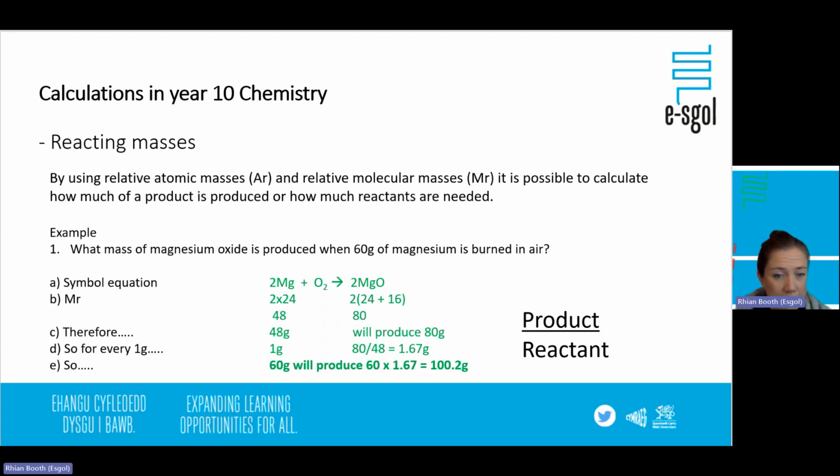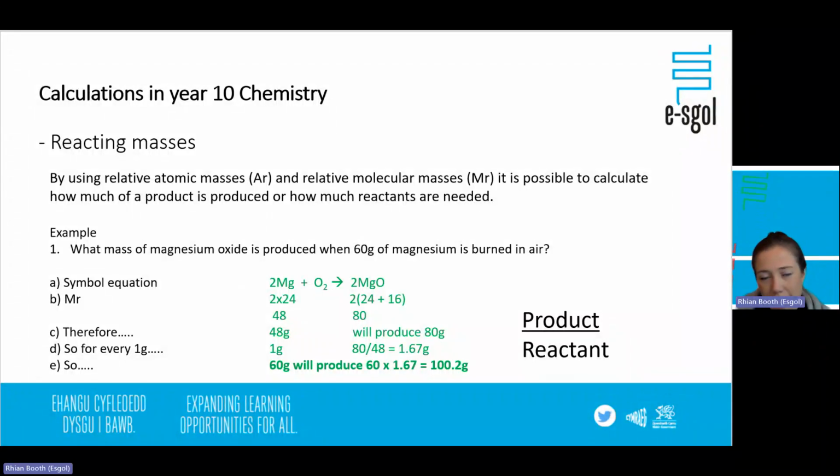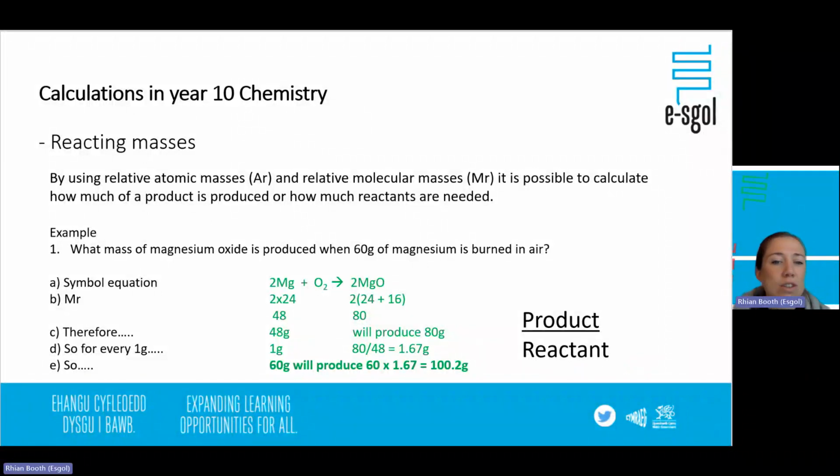So the MR for magnesium, first of all, we have 2 times 24, okay, which gives you 48. And then magnesium oxide is 2 times 24 and 2 times 16. Add those together, that gives you 80. Now then, as I'm looking at this, I see that 48 grams of magnesium will give me 80 grams of magnesium oxide.